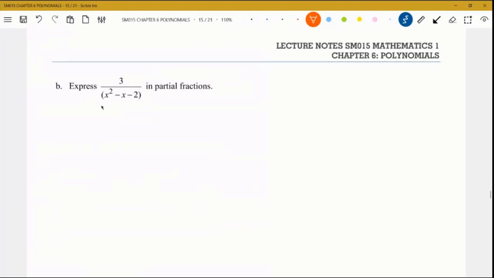And then we can go for the factors. X square minus x minus 2, can we factorize it into 2 factors? Yes. We get x minus 2, x plus 1. So this one is the 2 linear factors. So we have 3 over x minus 2, x plus 1.